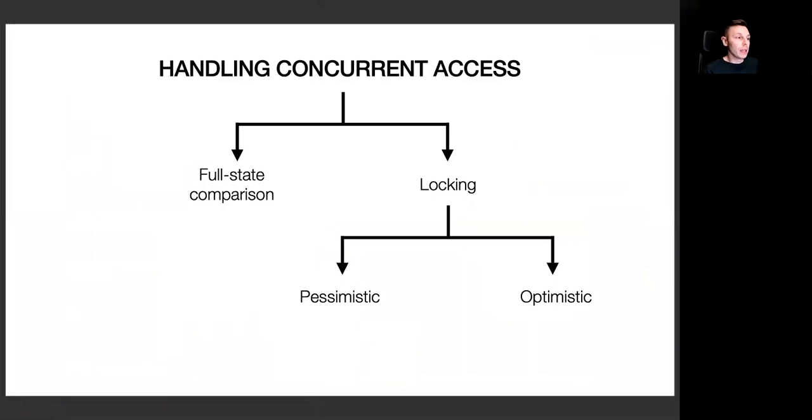The first one is so-called full state comparison. What does it mean? At the moment of saving the updated book in the database, we could make a full state comparison with what currently resides in the database. And if the result of the comparison is positive, we can persist the new version of our aggregate as a whole.